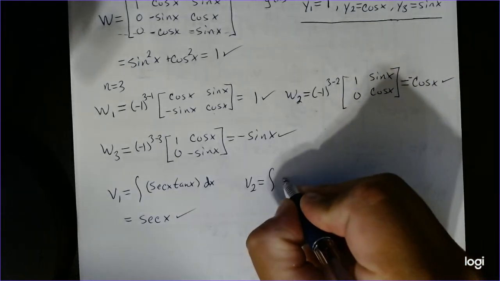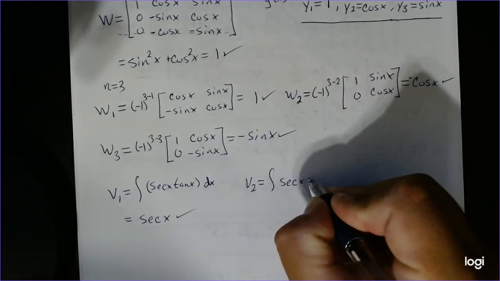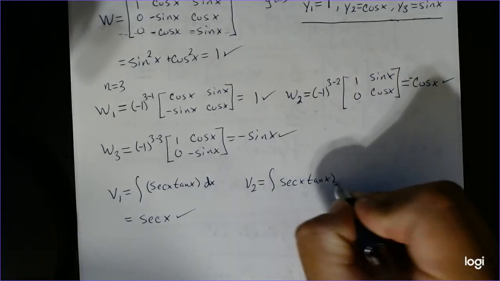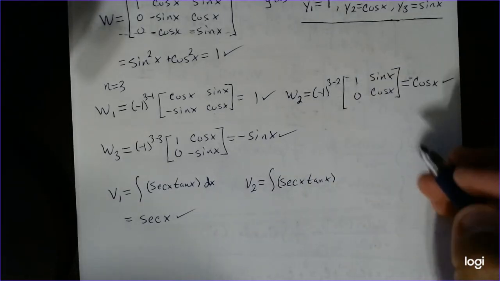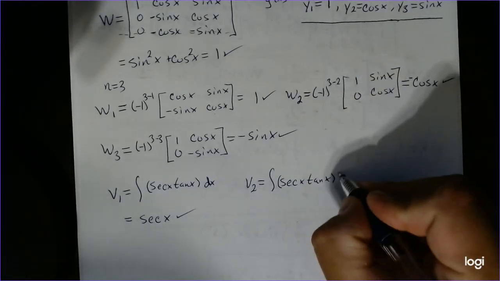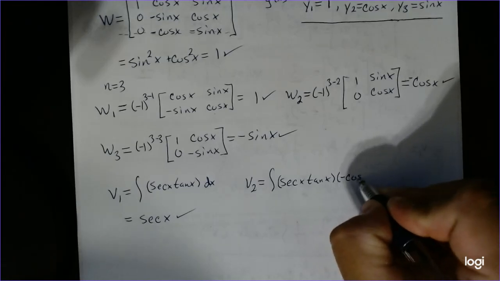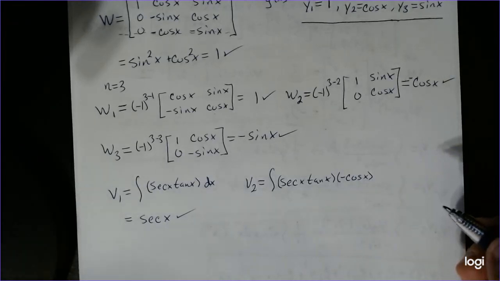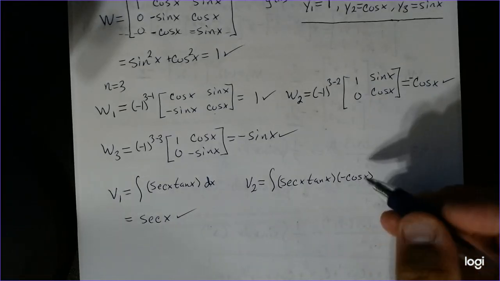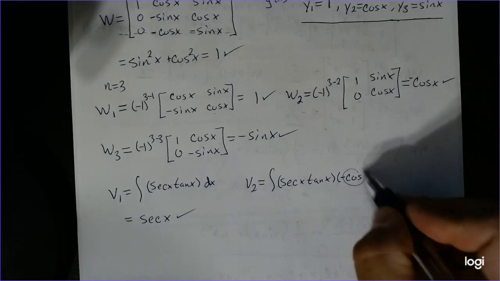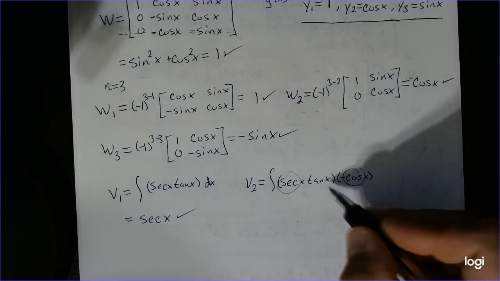Same thing. W2 is negative cosine. The best part about this is these end up canceling because we're multiplying, right?